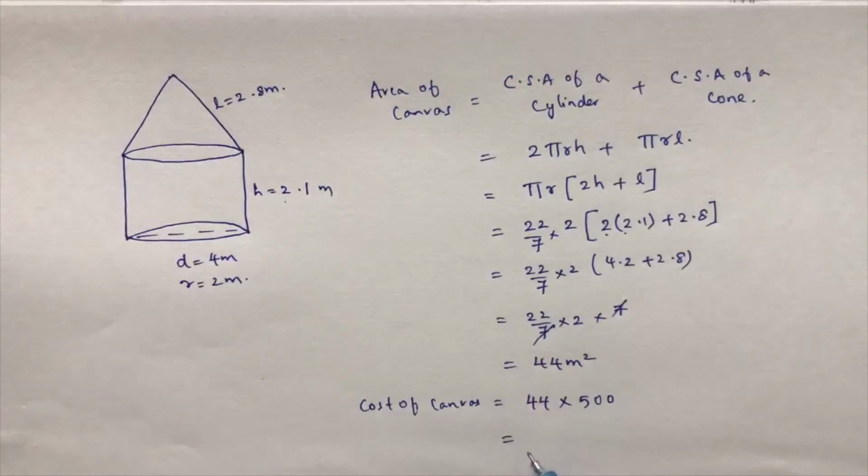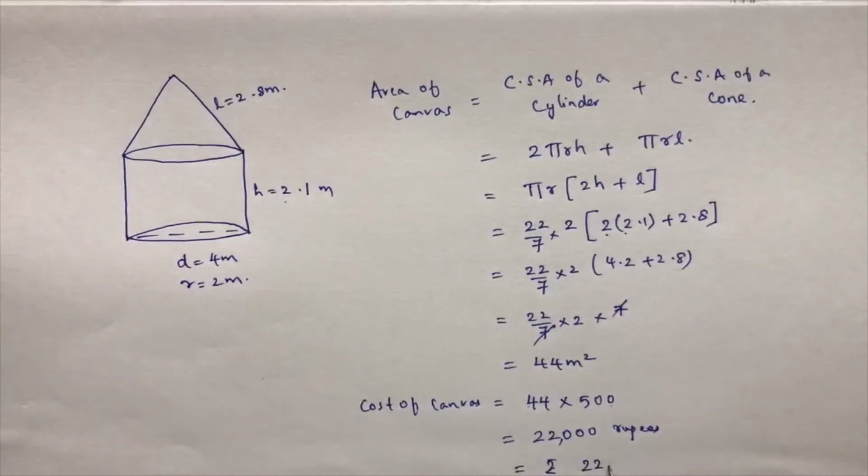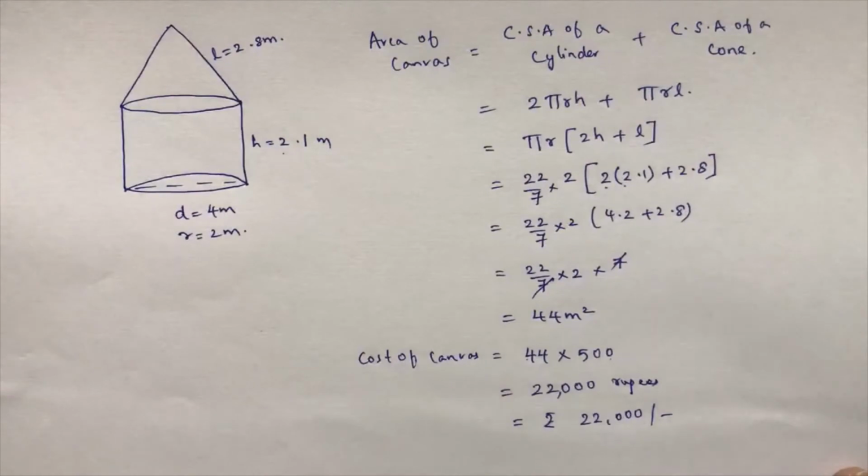If we multiply, 5 into 44 is 220, and then 00, so 22,000 rupees. So the cost of canvas is 22,000 rupees.